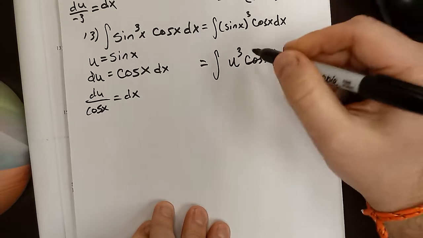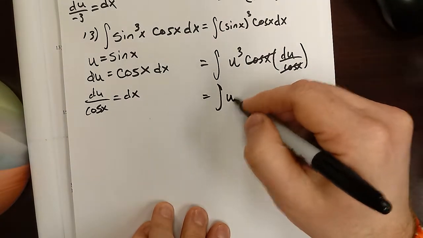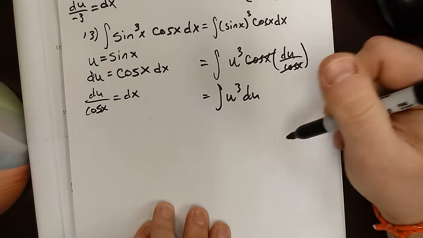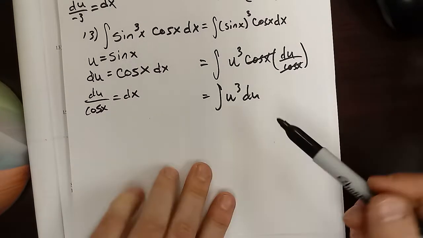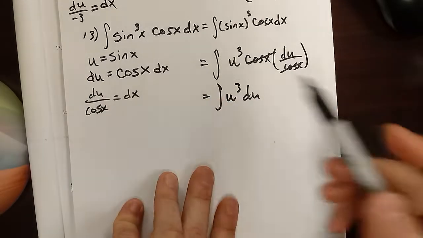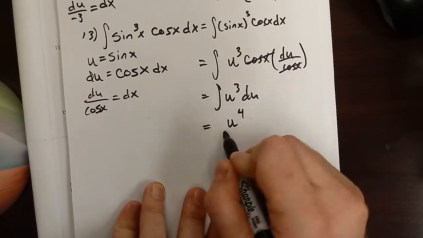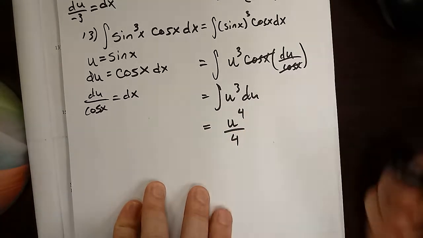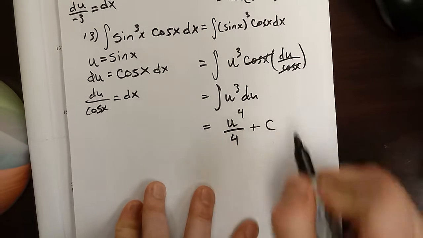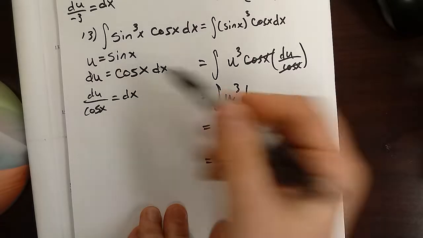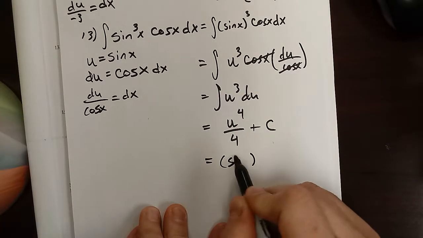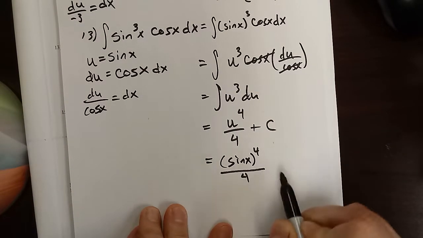Get canceling, and we get u cubed du, which is like, that's like a present. You know, we started with this monstrous looking thing, and we end with, oh, u to the fourth over 4, right? We add 1 to the exponent, divide by the exponent, plus c. End the day, drop u back in, sine x to the 4th over 4 plus c.